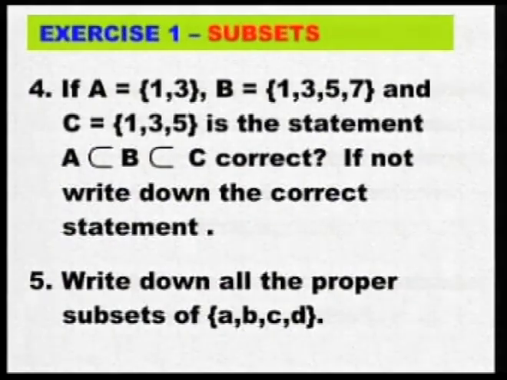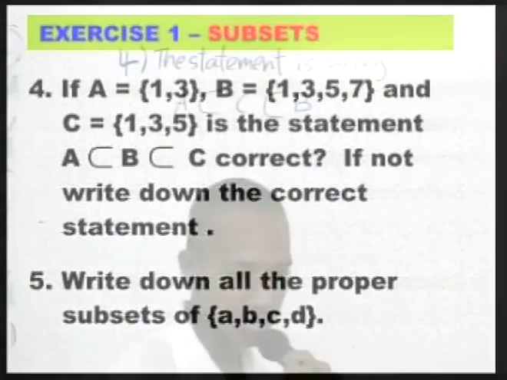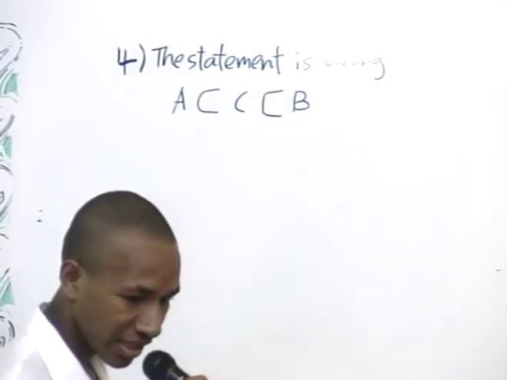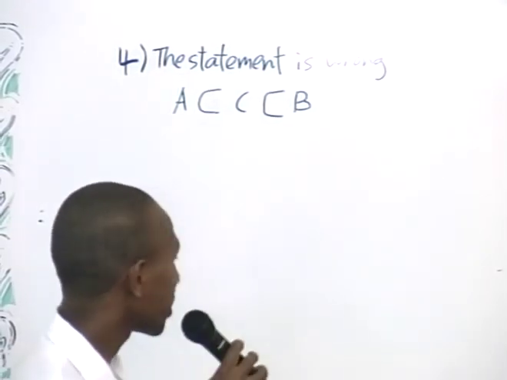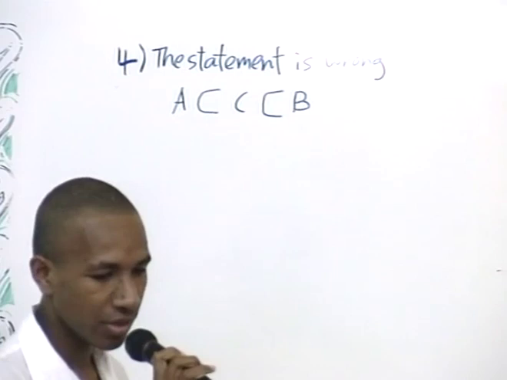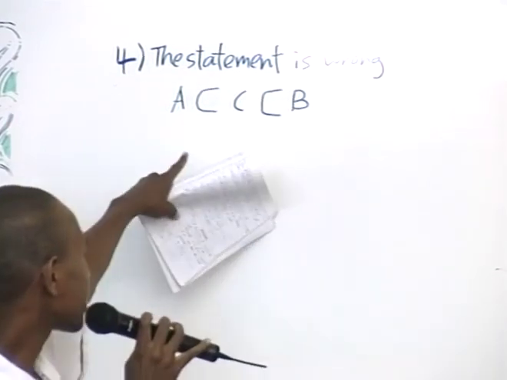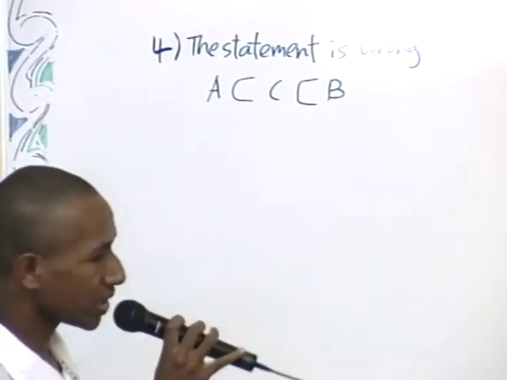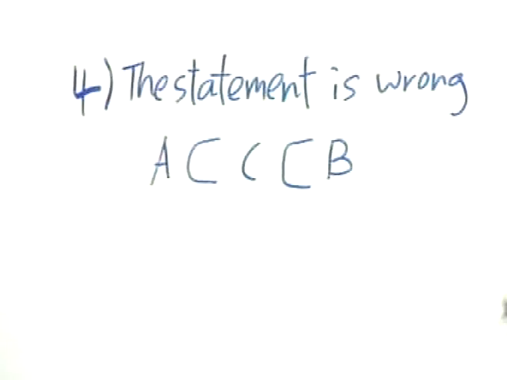The statement is wrong because A is the subset of B, but B cannot be the subset of C because C has 1, 3, 5 and does not have 7 in it. So that is why the statement is wrong. And the correct statement is A is the subset of C, which is the subset of B.